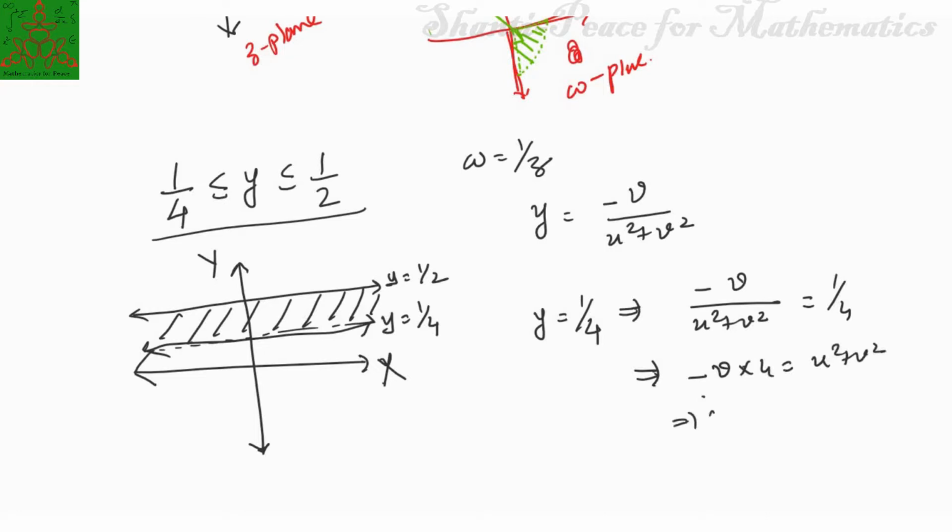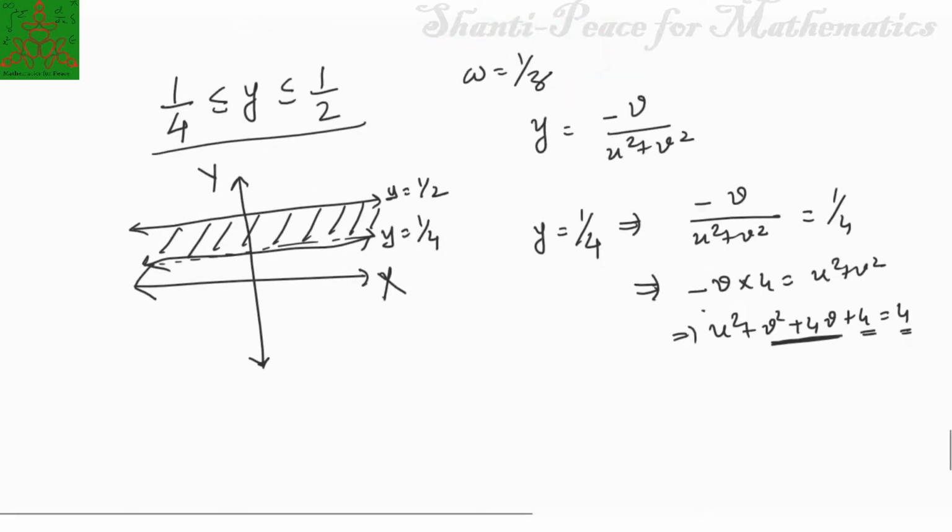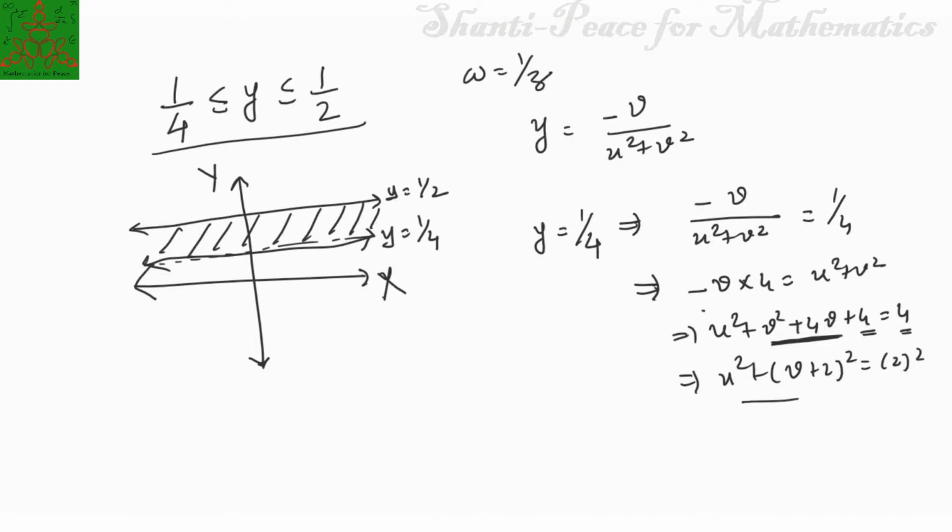So that means this is u square plus v square plus 4v plus 4 equal to 4. I am adjusting this 4 here by making the last term 2 squared, because I want to make it a perfect square. So that's why it is u square plus v plus 2 square equal to 2 square. So what does this represent? It represents the circle with center 0, minus 2 and the radius is 2.